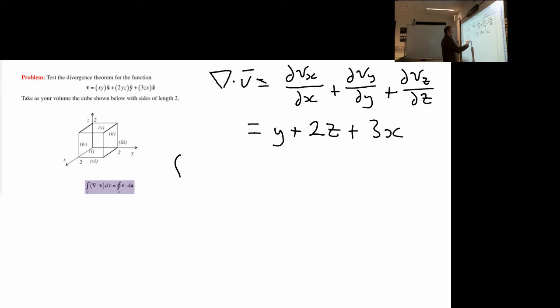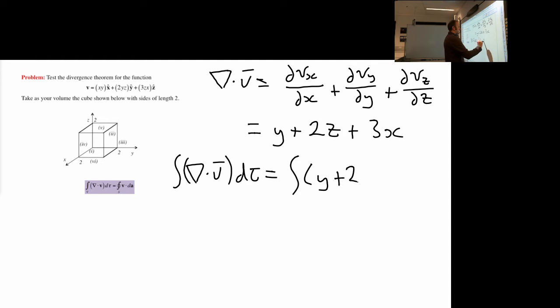So we've got the integral of the divergence of our vector d tau equal to y plus 2z plus 3x, and for a volume element, of course, it's dx dy dz. So we've got a triple integral here, and for each we're going to integrate between 0 and 2.